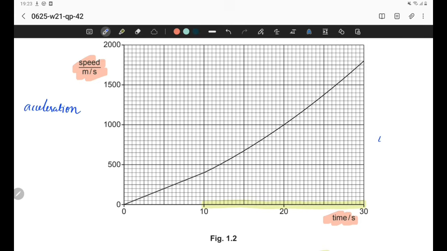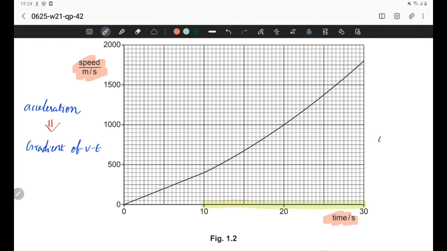If we have a velocity time graph, we just need to check how the gradient of the velocity time graph changes. Gradient of a velocity time graph gives us the value of acceleration.